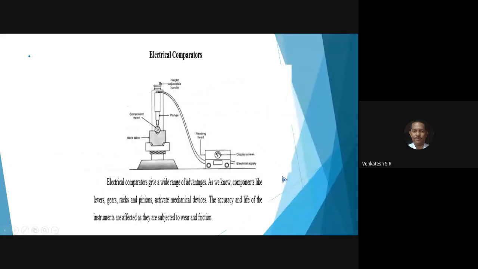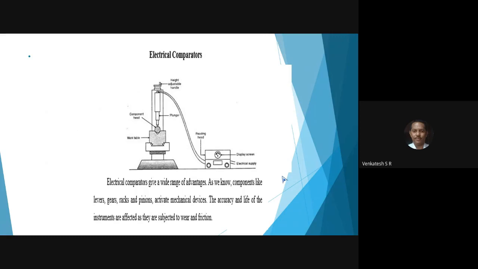Next, come to the point. In your syllabus, they have mentioned electrical comparator. How do you use electric power for the measurement or comparison of a component? Here, the AC power is changed to DC power.